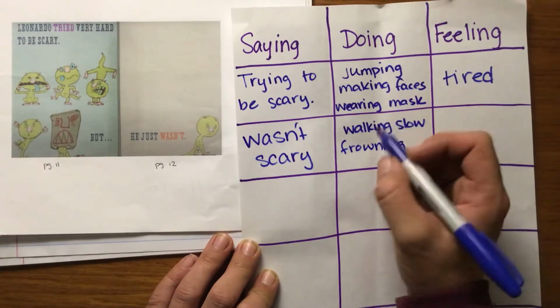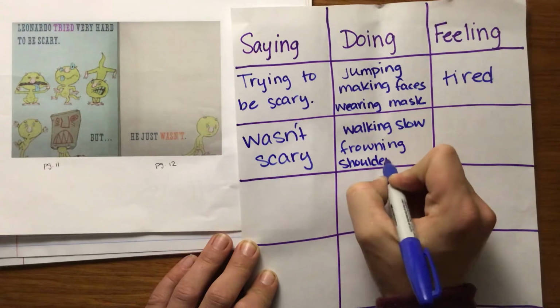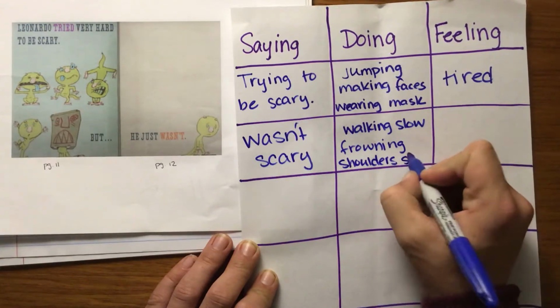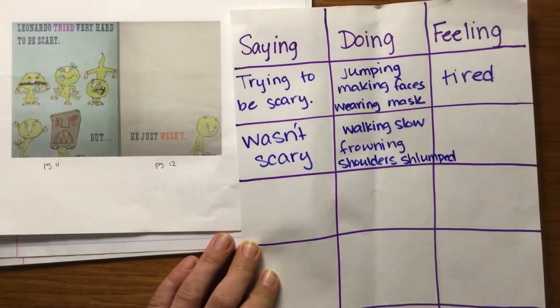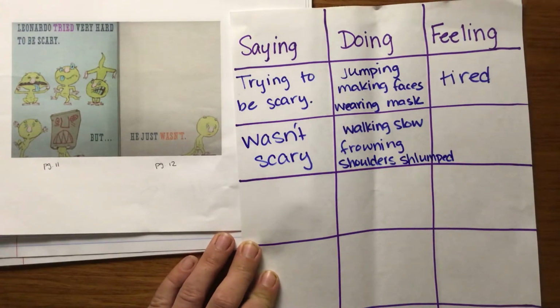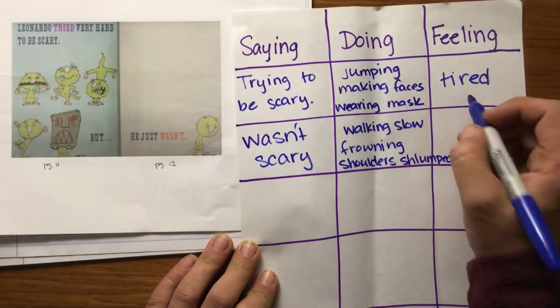And his shoulders are slumped. When somebody's walking around like that, it's clear that they are very sad and unhappy. So I think we can determine that Leonardo is also very sad and unhappy.